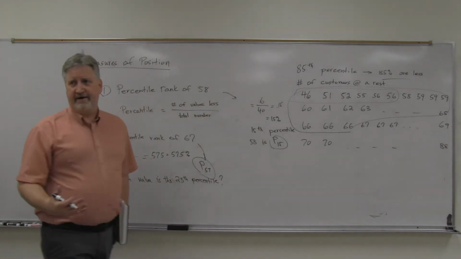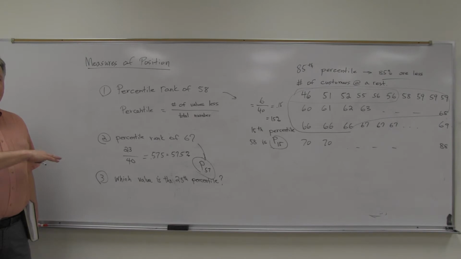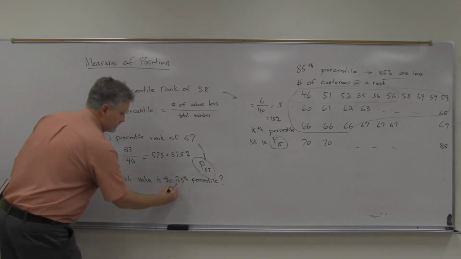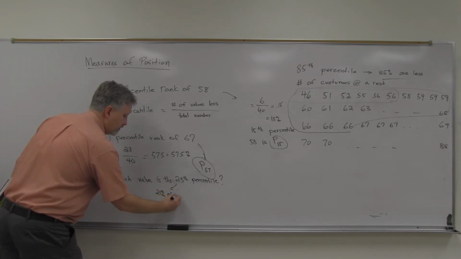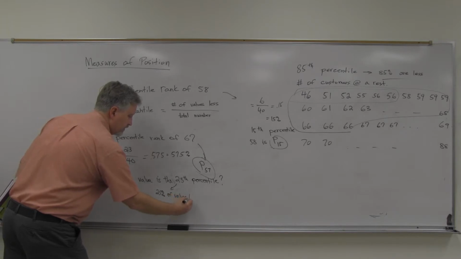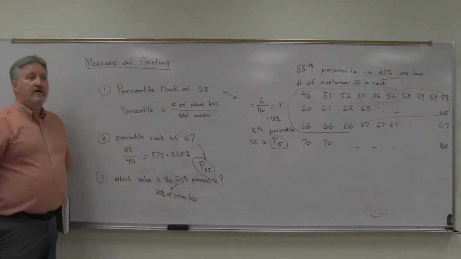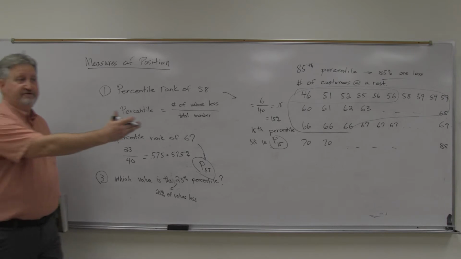Well, again, thinking about it, 25th percentile means what? I want 25% of the values less, right? That's what that means. So what's 25% of the values going to be?